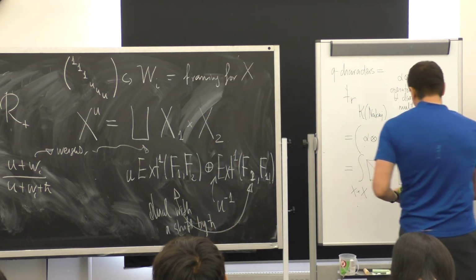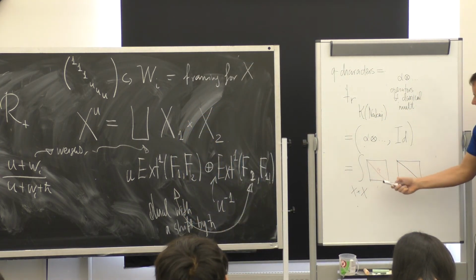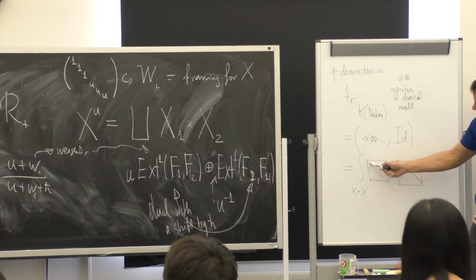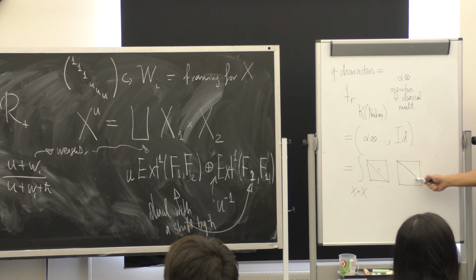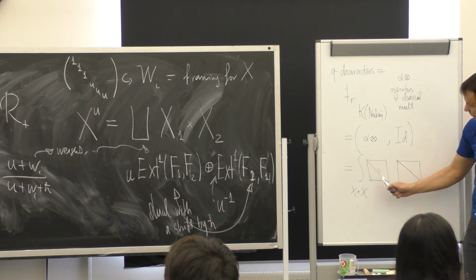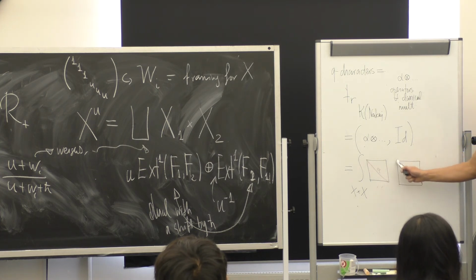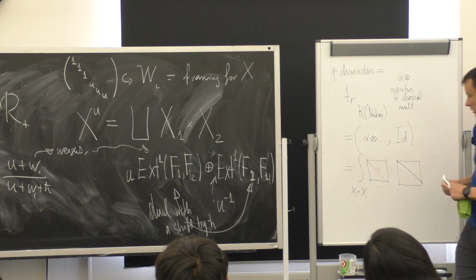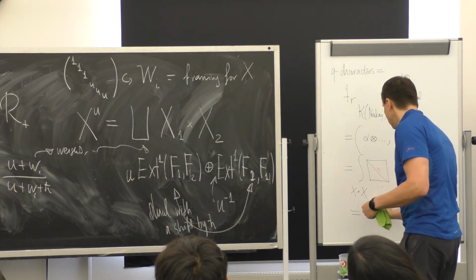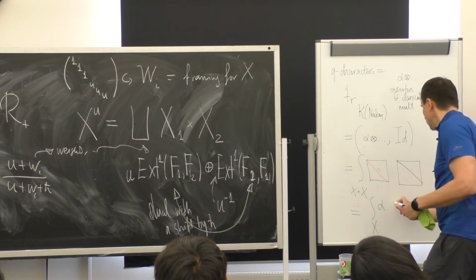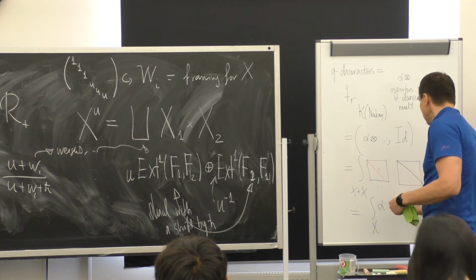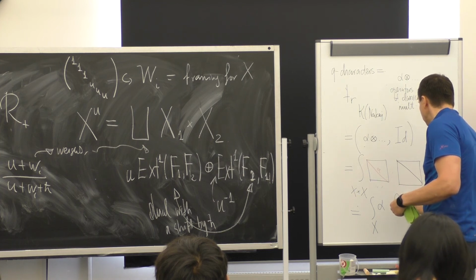Right? So now when you integrate, what are you going to do? When we integrate on the diagonal here, we have to take into account this other diagonal. So that would be the integral over x of the class alpha times, I'll write, the Euler class.